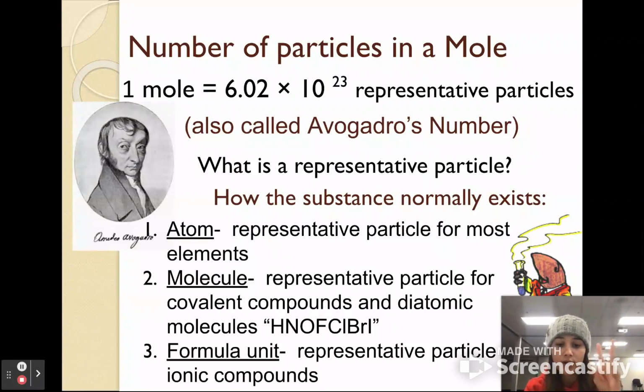So your molecule, you have at least 2 things. Your atom, it's just a simple thing. So it can be an atom, molecule, or a formula unit, but I am not going to talk about those very often. I'm going to mostly reference if I ask you how many atoms of oxygen I have or how many molecules of oxygen gas I have.